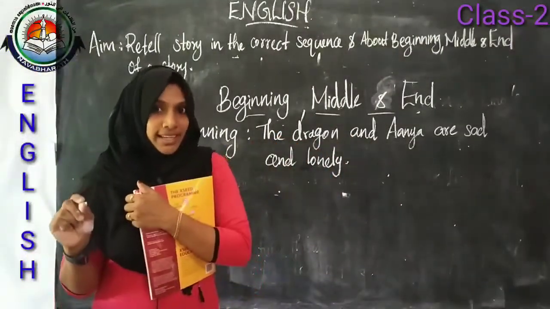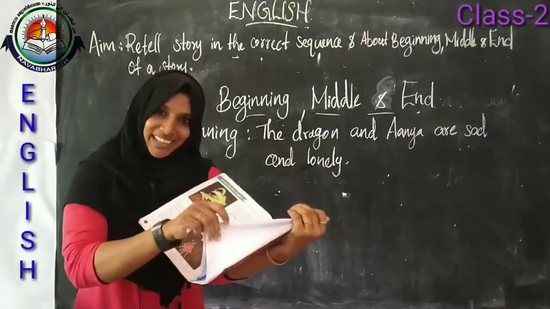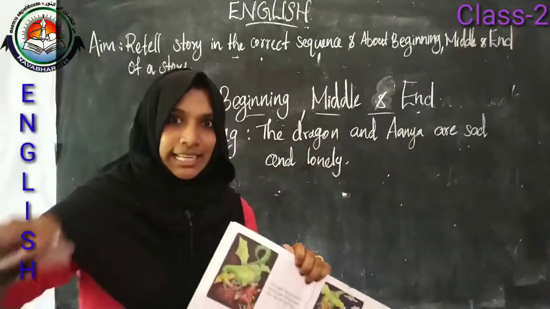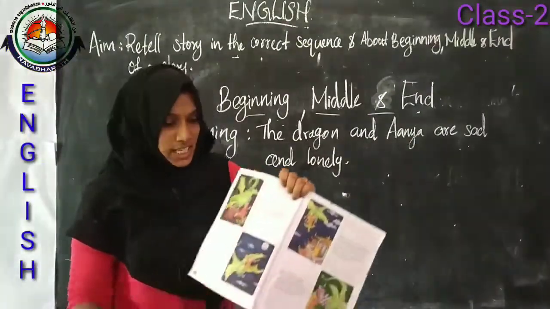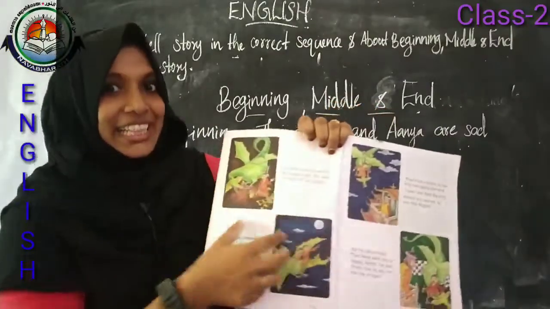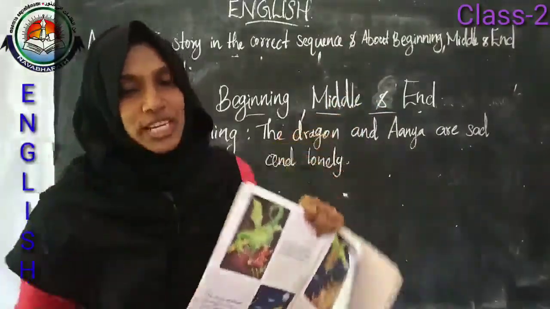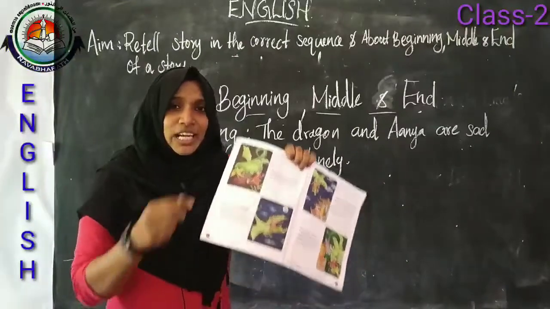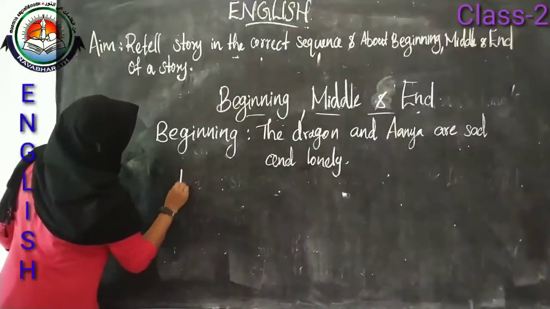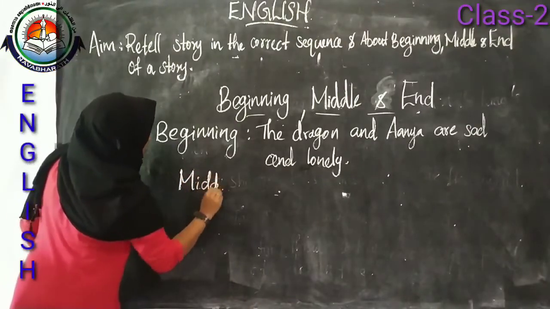And in the middle, here's what happened. Anya opens his chain and lets him free. So after opening the chains of this dragon, they become close friends. And Anya took a ride with this dragon. So here, let's write about the middle.